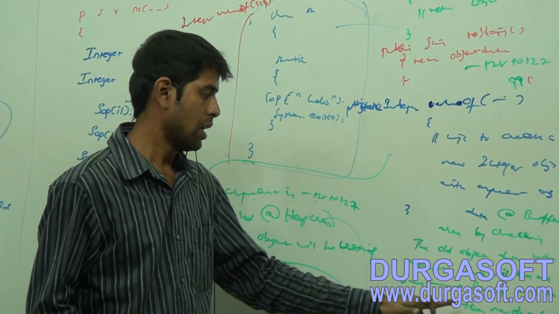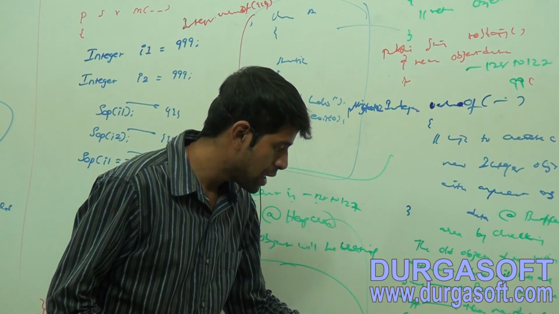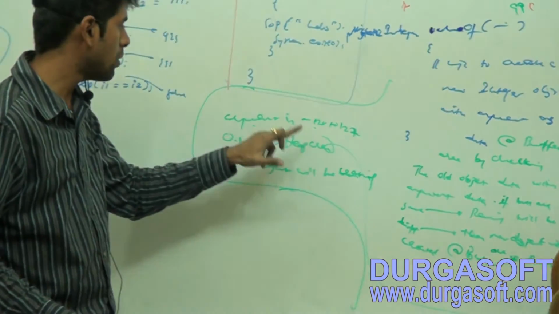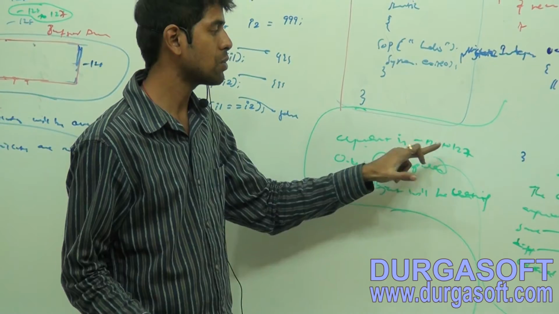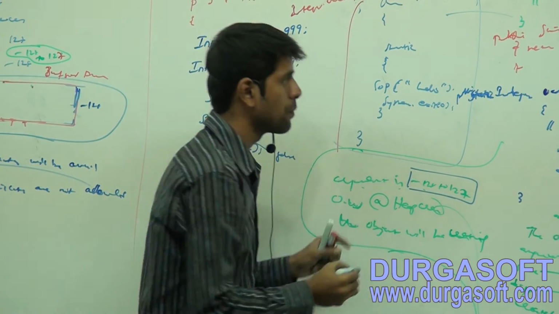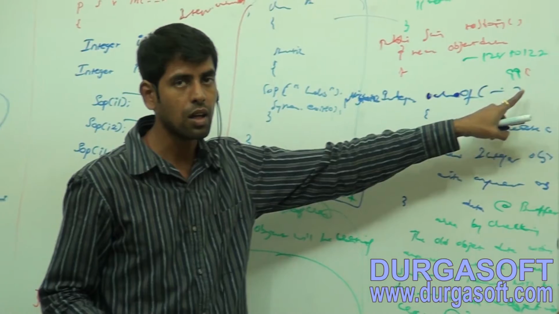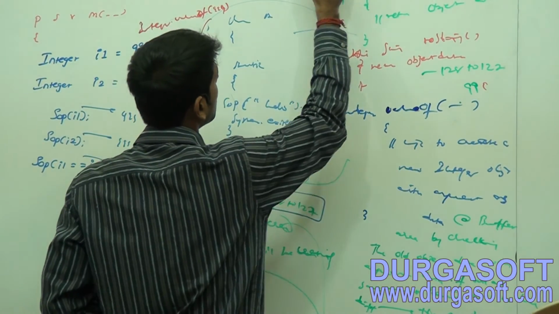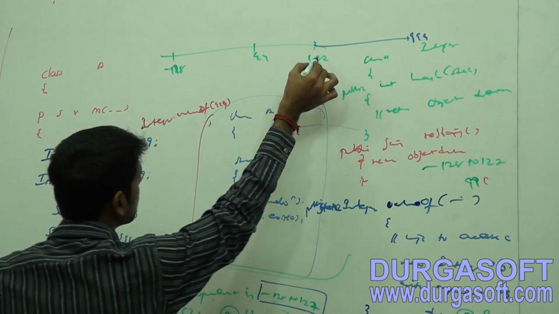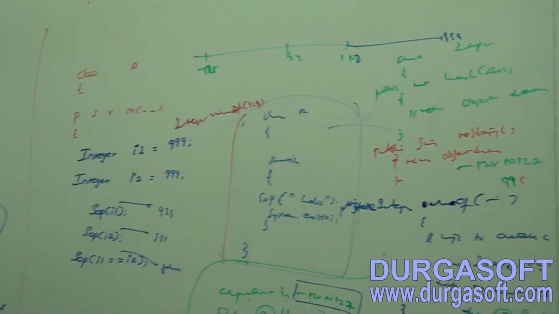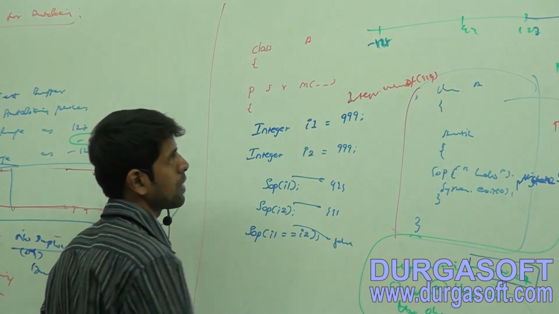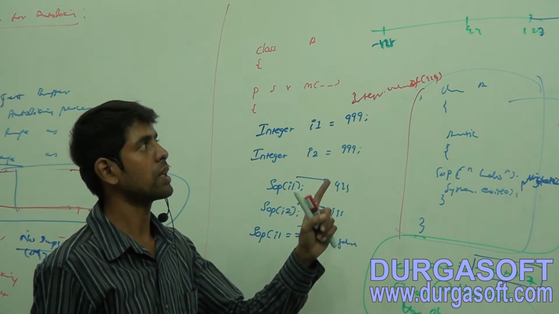Now, otherwise, a new object will be created at the buffer area if the range of the argument is within -128 to 127. What is this argument? 999, which is not within the range of -128 to 127.